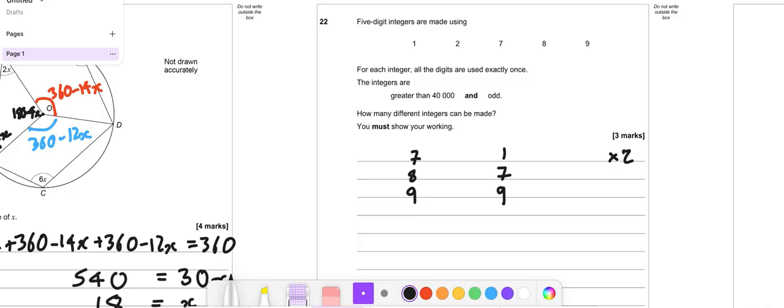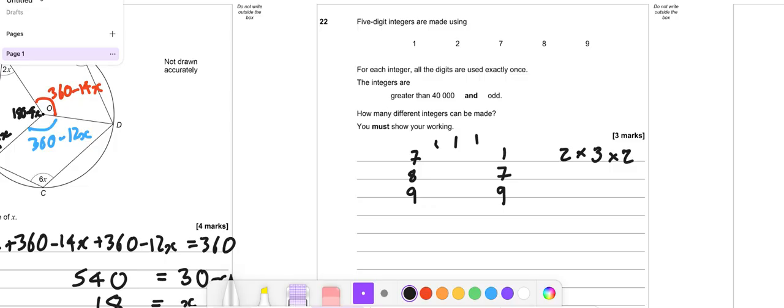And then there's 3 values in between, isn't there? 1, 2, 3. So there's 3 times 2, and then the last one's fixed. So starting with a 7, there are 12 ways.